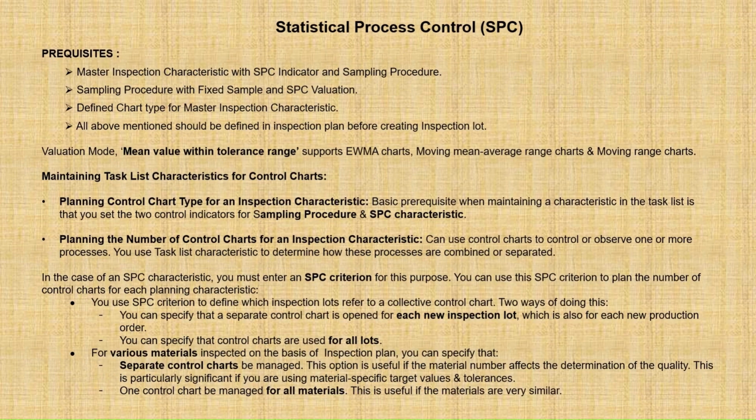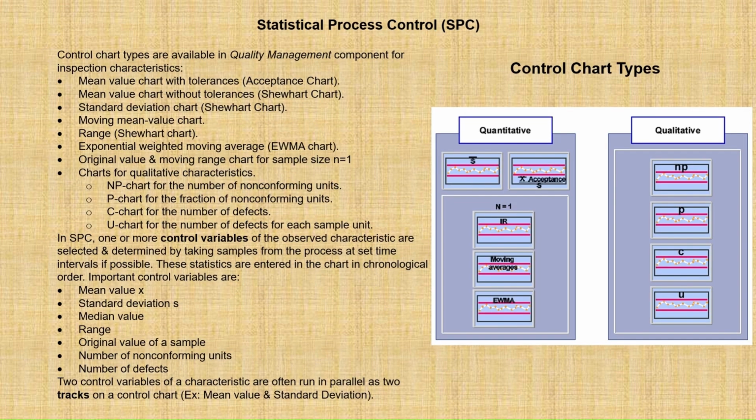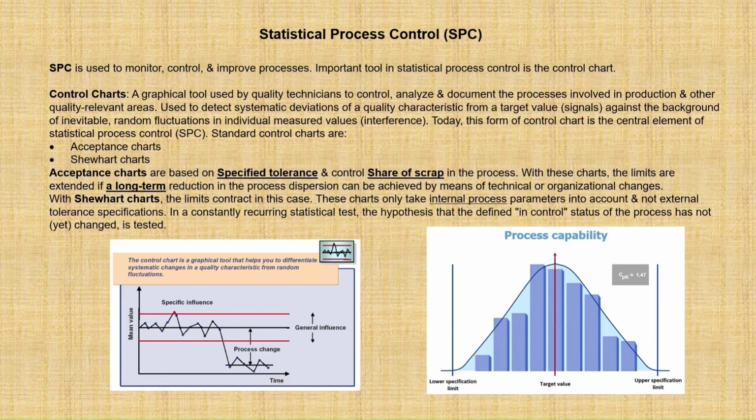We will be doing some settings in our inspection plan also for that. After the result recording, or even on the result recording screen, you can see the chart. From the configuration, you specify what chart lists you can maintain, what kind of chart you want to draw.